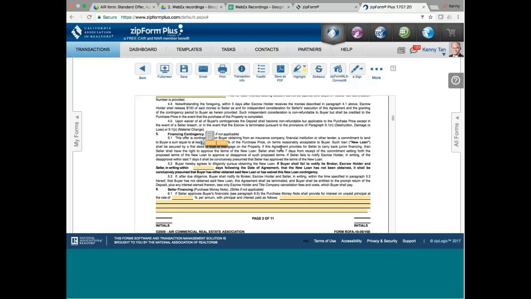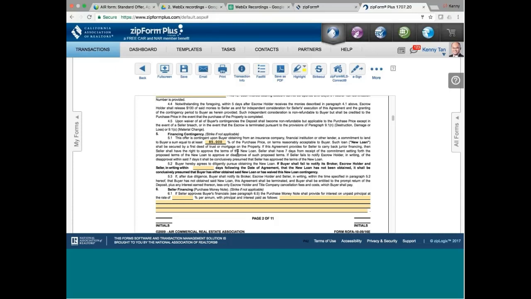Now, if this is an SBA loan, oftentimes you can borrow up to 80% LTV. So I put 85% LTV. So if I'm a buyer, and I cannot borrow up to 85% LTV, I have the right to cancel.